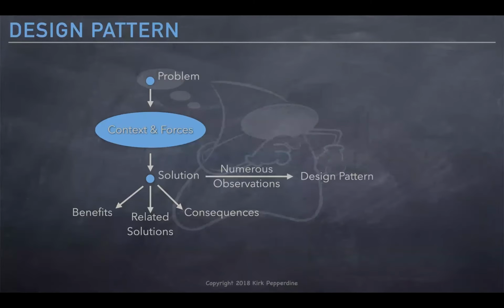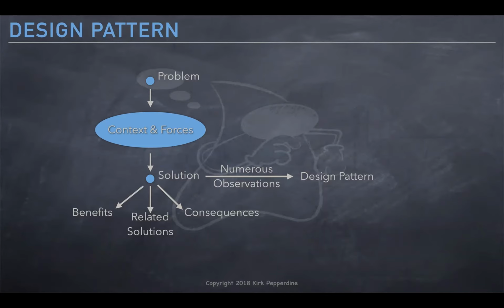Now, if we start seeing this same situation occurring over and over again, then we can document this, saying, hey, I'm seeing this pattern show up over and over again, and I just want to make everyone else aware of it. We call that design patterns, and we can put these design patterns into catalogs.